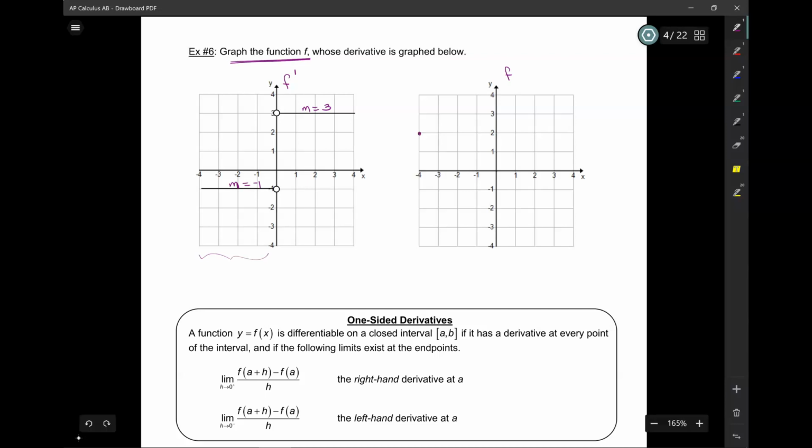So let's say I start here, and then I'm just going to draw a line with the slope of -1. On the opposite side, I have a slope of 3, so that's what I'm going to draw here. So 1, 2, 3 over, 1, 2, 3 over. That's what that looks like.